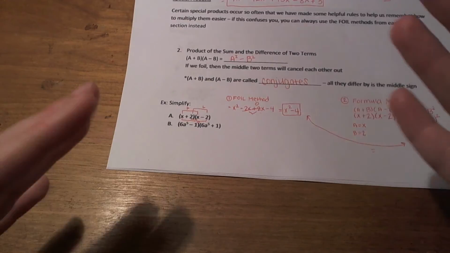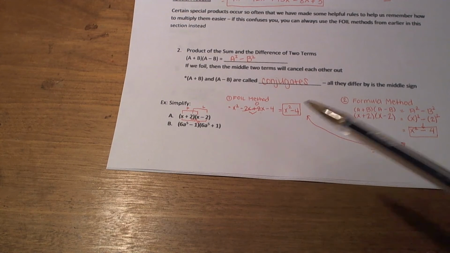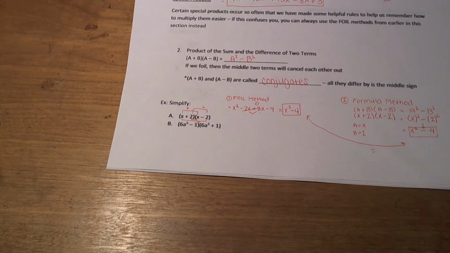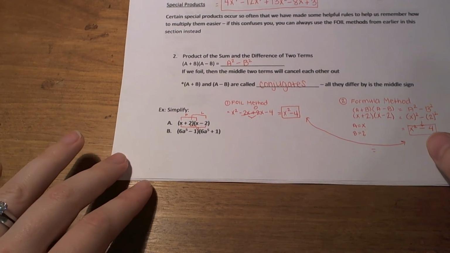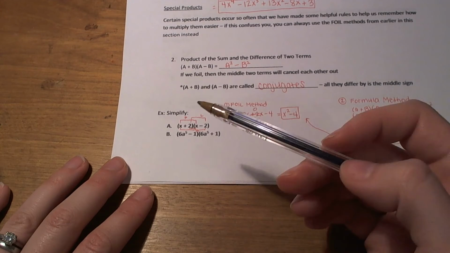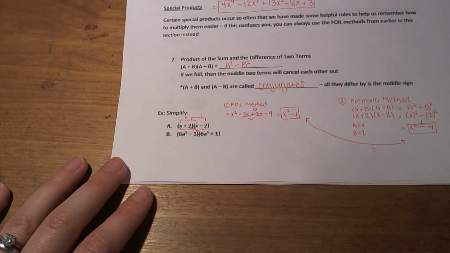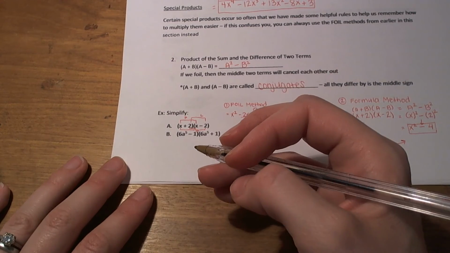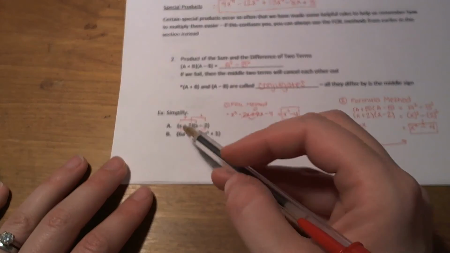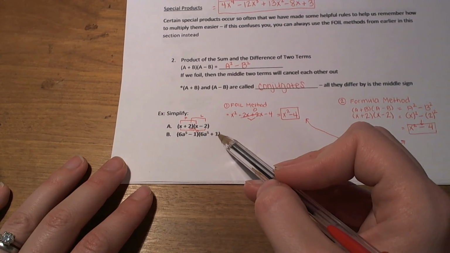So for this one, a lot of students do like the formula. So I'm going to show one more with the formula since we've done FOIL already many times in this video. And so if I do part B with the formula, and you prefer the FOIL, just FOIL it on your paper and make sure that our final answers check. So if I'm looking at the formula for this, notice I have 6a to the 5th minus 1 and 6a to the 5th plus 1.